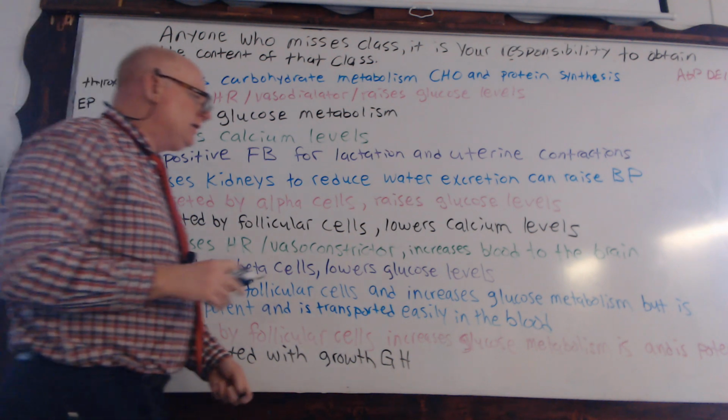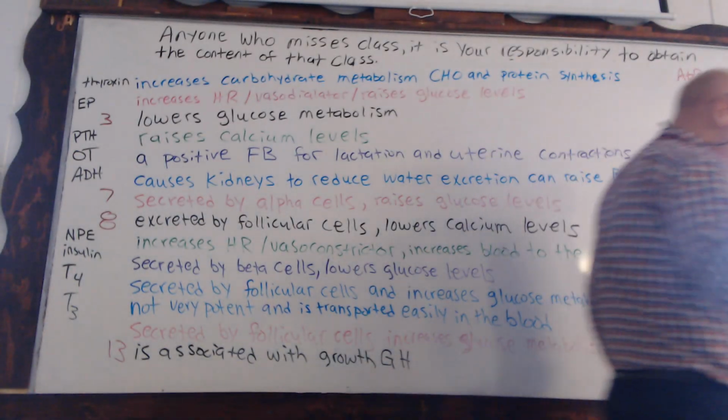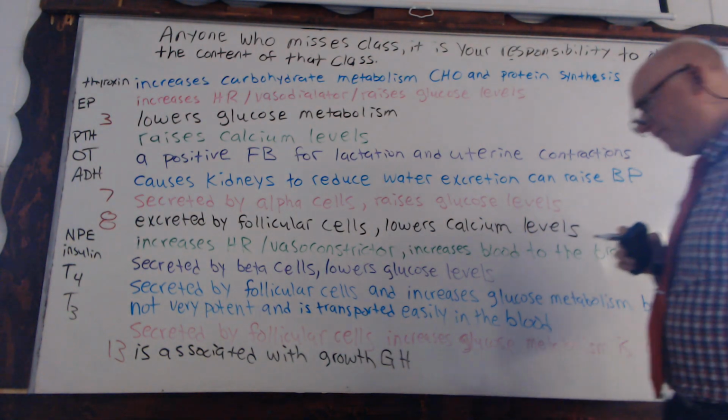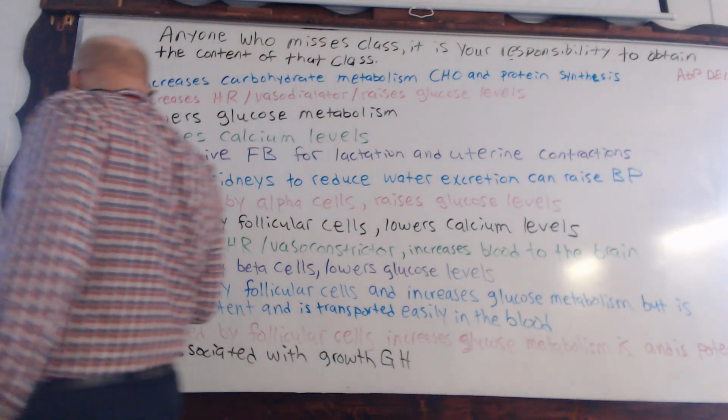And that is, remember, what can circulate through the body easier? T3 or T4? T4 is easier to transport, it's not as reactive, but it's just not very potent. So then T3 is very potent, okay?